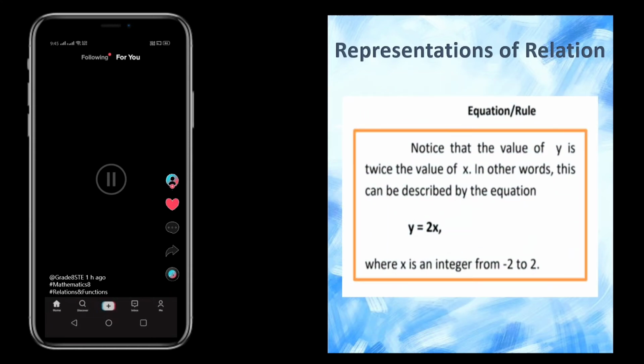Lastly, we can represent a relation as an equation once we observe that a rule was applied. For example, yung ordered pair kanina na (-2, -4), (-1, -2), (0, 0), (1, 2), and (2, 4), makikita natin na dinodoble lang si x, tapos yun na ang nagiging value ng y. So the equation is y equals 2x.